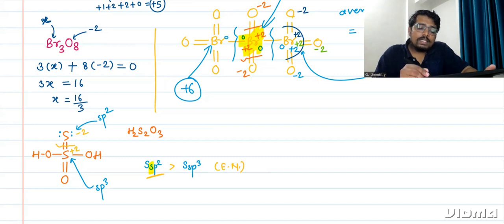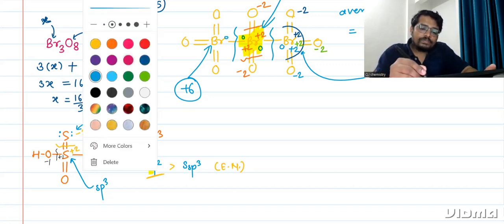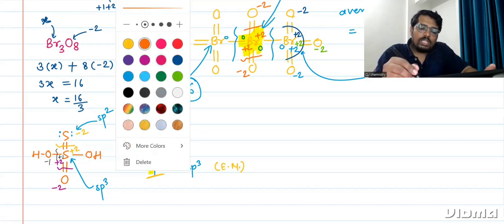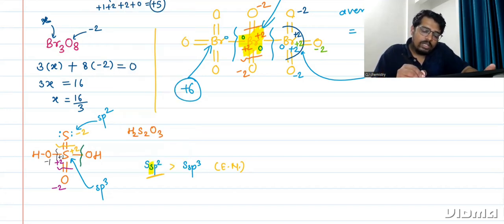In the remaining cases, we know that oxygen is more electronegative. So on dissociation here, oxygen minus 1, sulfur plus 1. On dissociation of the sulfur-oxygen double bond, oxygen minus 2, sulfur plus 2. And on dissociation of the remaining sulfur-oxygen bond, oxygen minus 1, sulfur plus 1. So find the oxidation state of the central sulfur.